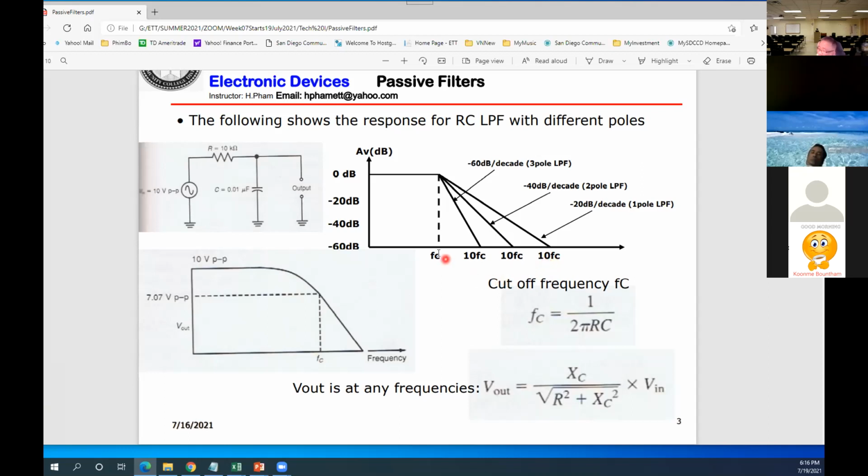I'll give you an example, 1K here, then that will be 10 kilohertz. 2 pole, they will be down 40 dB per decade, and 3 pole down 60 dB per decade. So which filter do you think will be the best in this example?